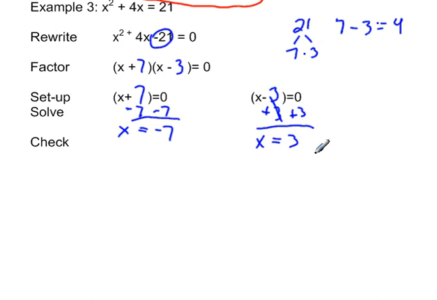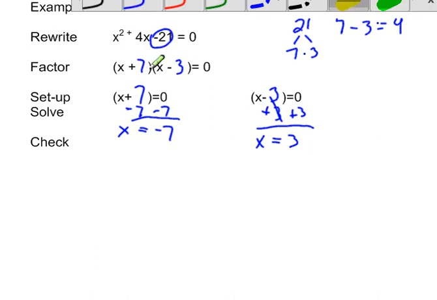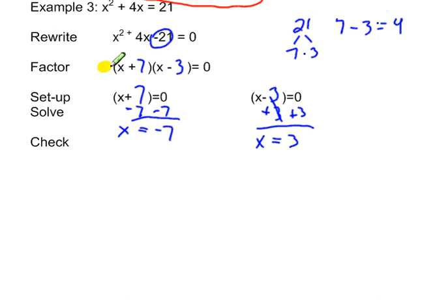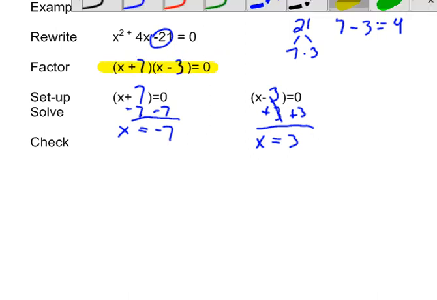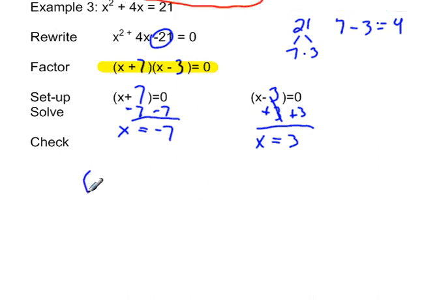Now to check it, I want to go back up to this level here where we had them factored out on each one. So let's do that. Let's say I've got x, which is -7 now.